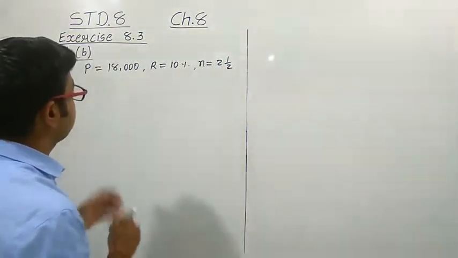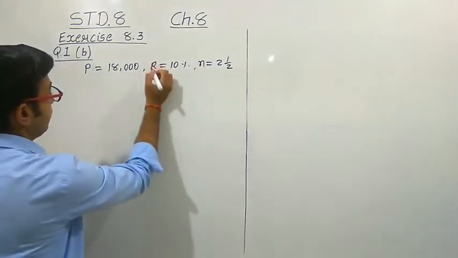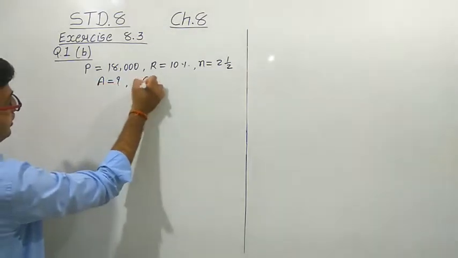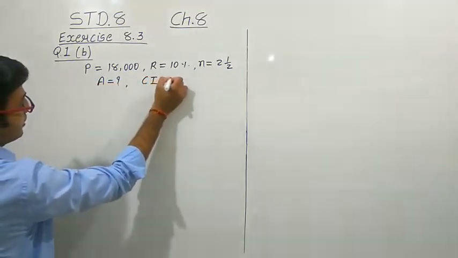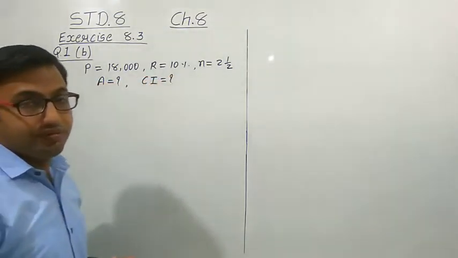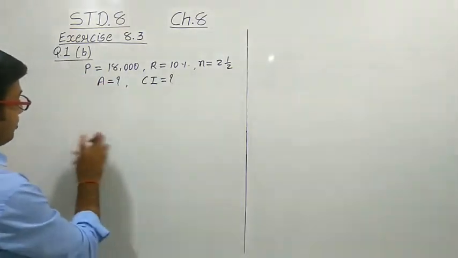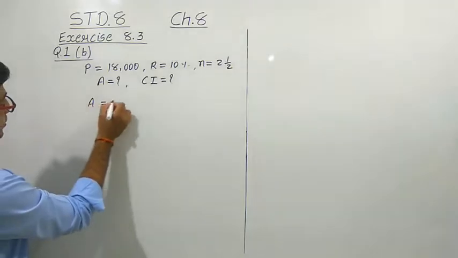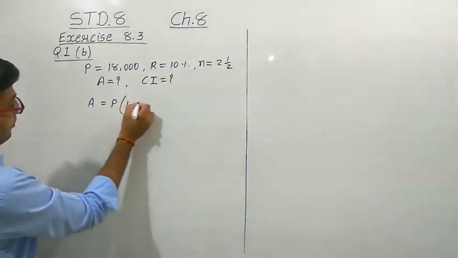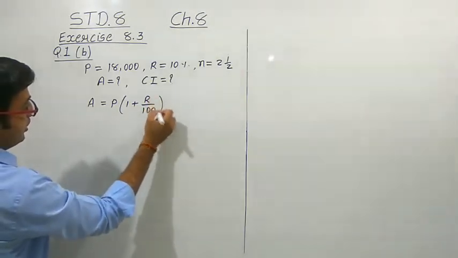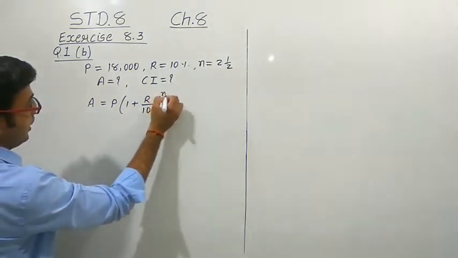So here we have to find out the two things, that is the total amount and the compound interest. These two things we have to find out, and we have the formula which relates the total amount and the principal amount.